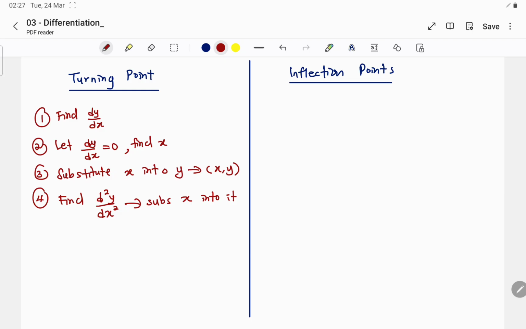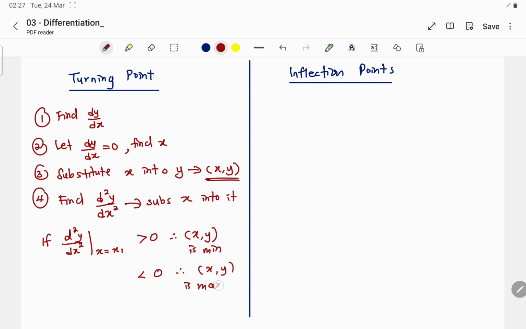Okay, and then once you substitute, you have to check: if it is greater than 0, the point xy is a minimum. But if you get less than 0, xy is a maximum point.